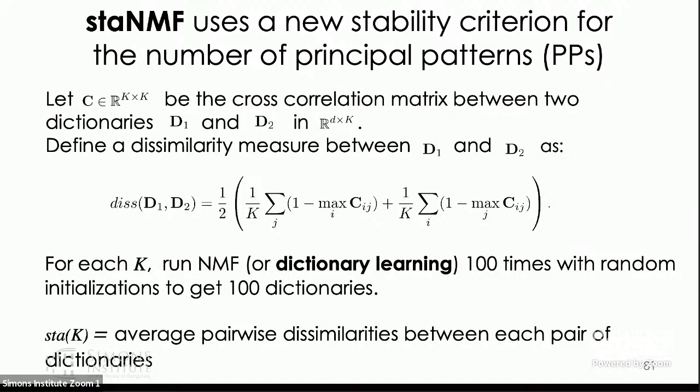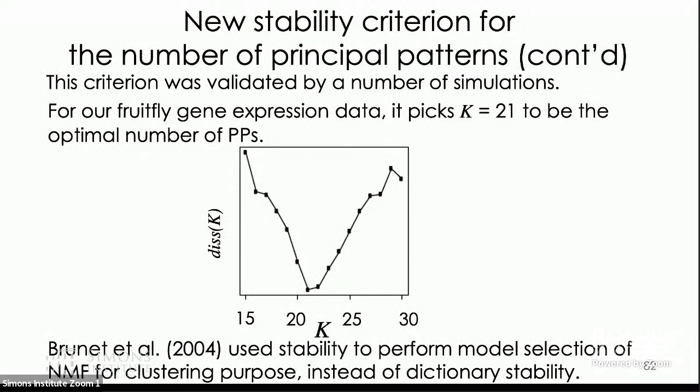You use correlation to match them and look at their distance similarities. So you end up with two dictionary sets, or principal patterns. You find the best match from one set to the other, and you subtract that from 1. If the correlation is 1, you get 0, so they have a perfect match. And this dissimilarity can be used over many runs as an index to select the number of components.